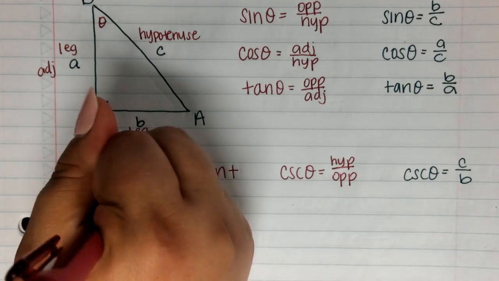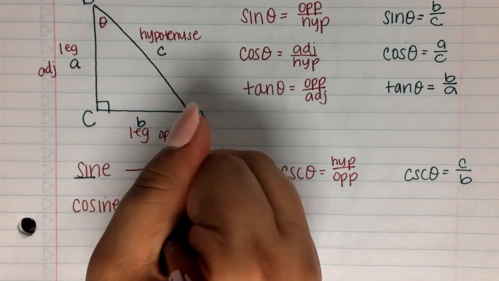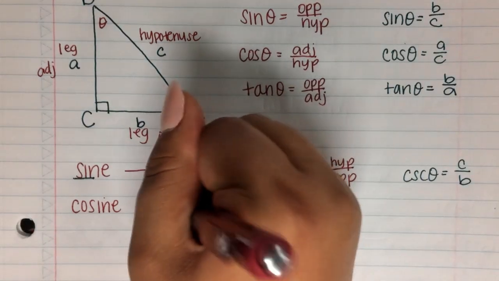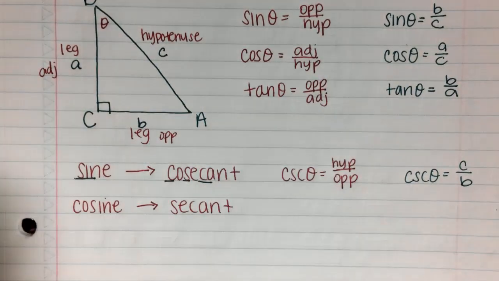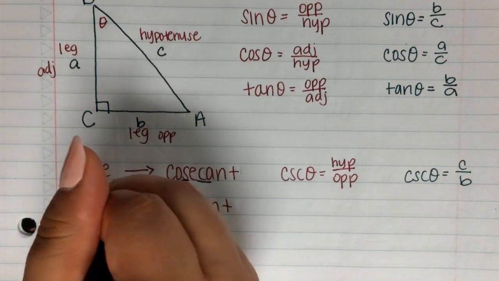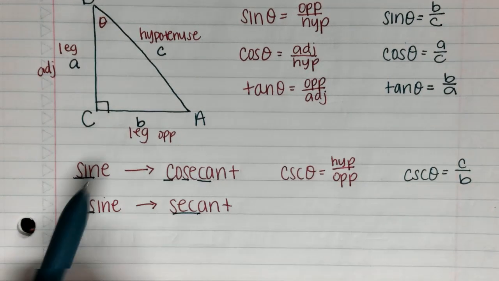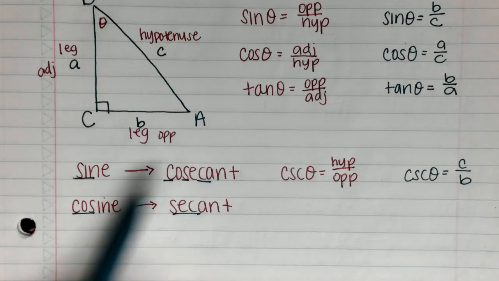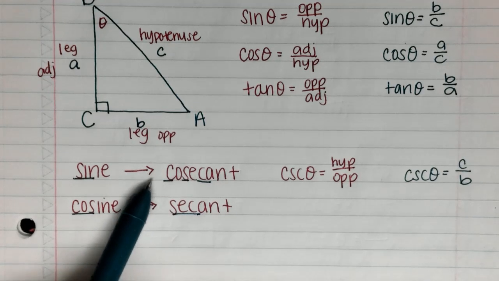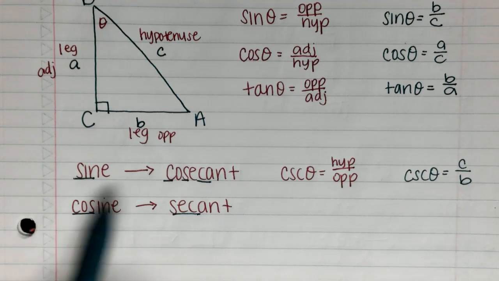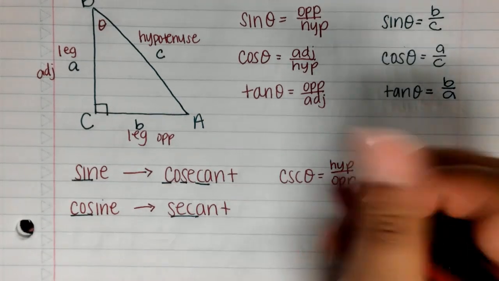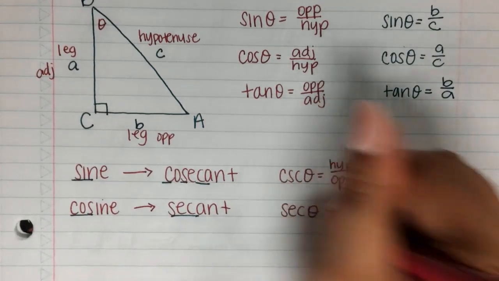What about cosine? Anybody want to guess what the reciprocal of cosine is? Secant. So I always kind of memorize this as the C's go with the S's. A C has to go with an S. Your brain's going to want to tell you cosine, cosecant go together. No, the cos's do not go together. One has a C, one has an S. And we are going to write this SEC.